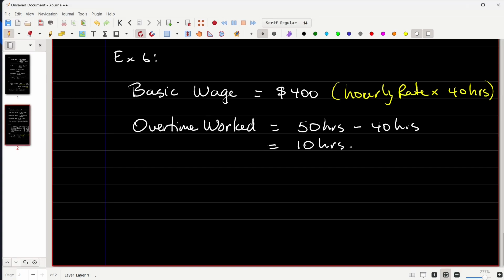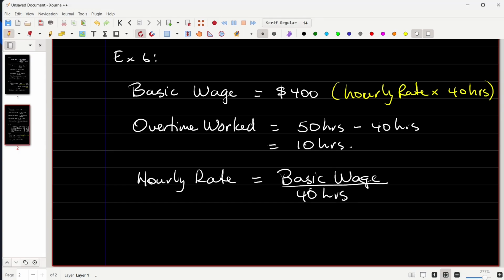Okay, so we already know that the basic wage is the hourly rate times 40 hours. So hourly rate is equal to your basic wage all over 40 hours. Basic wage is going to be equivalent to 400 divided by 40 hours, and that means they work for $10 per hour.